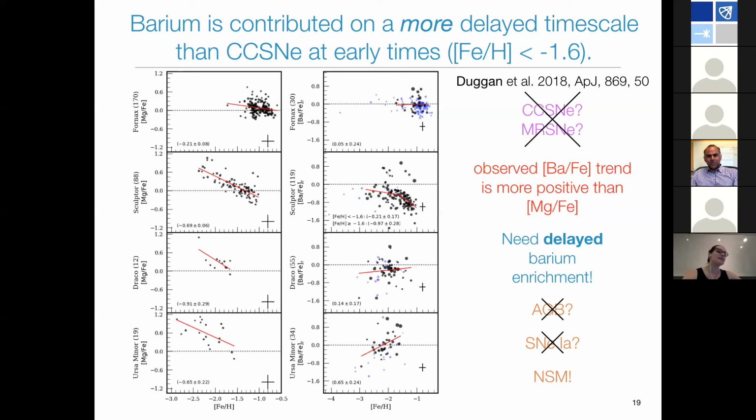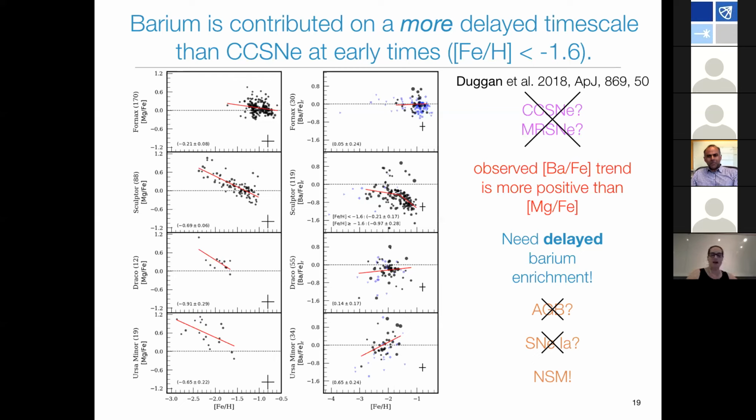So what would explain the fact that it is still negative? So you're saying that there haven't been enough neutron star mergers happening in Sculptor? Yeah, or that the type Ia supernovae contribution is dominating over the barium enrichment.